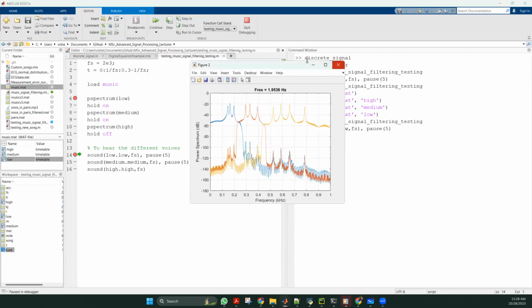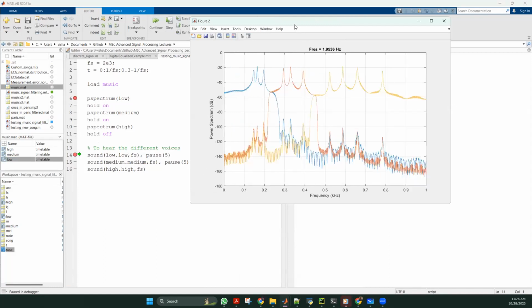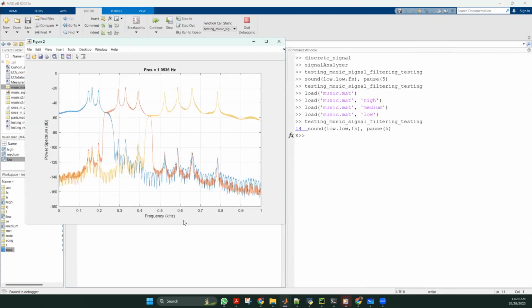Anyway, I will first go through this plot. This plot is the combination of all the filtered signals, so the filtered signals in the frequency domain. The blue plot shows the low pass filter's frequency domain plot. You can see only the low pass filter frequencies are available in this plot. The amplitudes of all the other components are very low, in the range of minus 140 dB.